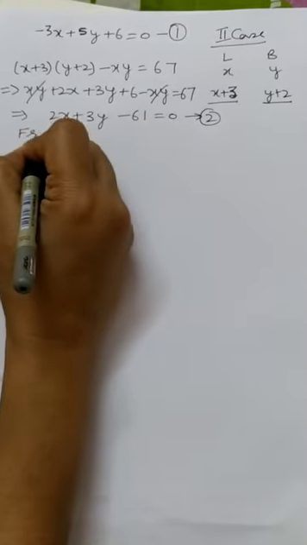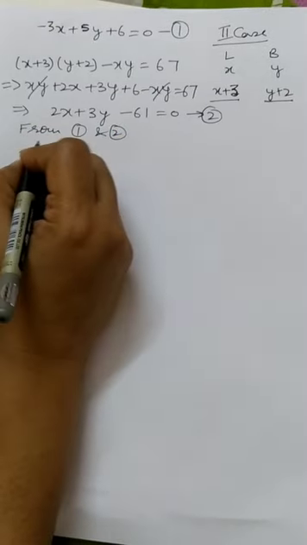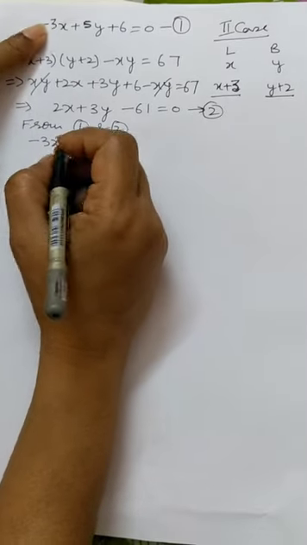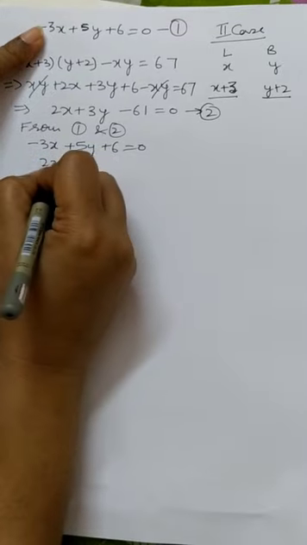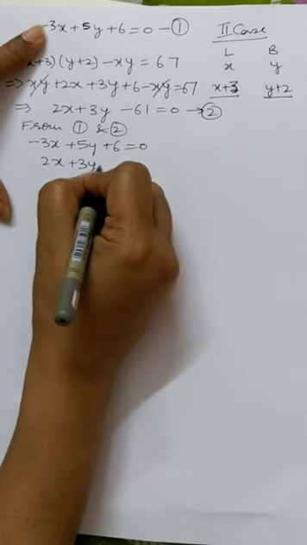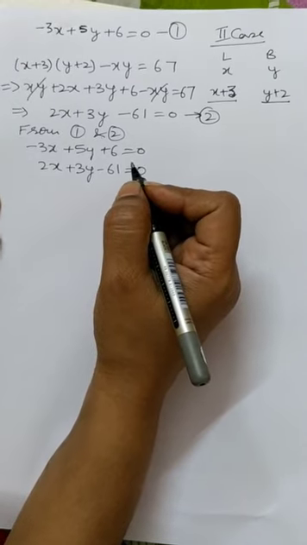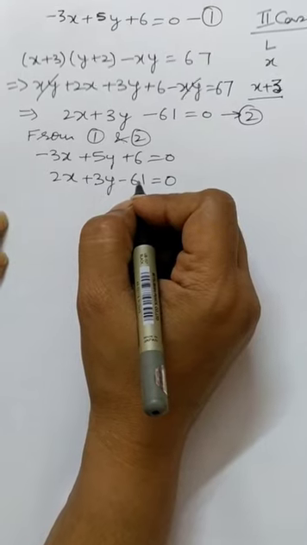Now from 1 and 2 we have obtained a pair of linear equations: minus 3x plus 5y plus 6 equal to 0 is the first one, and the second equation is 2x plus 3y minus 61 equal to 0. Now you can use any algebraic method to solve these equations. Let us use the cross multiplication method.